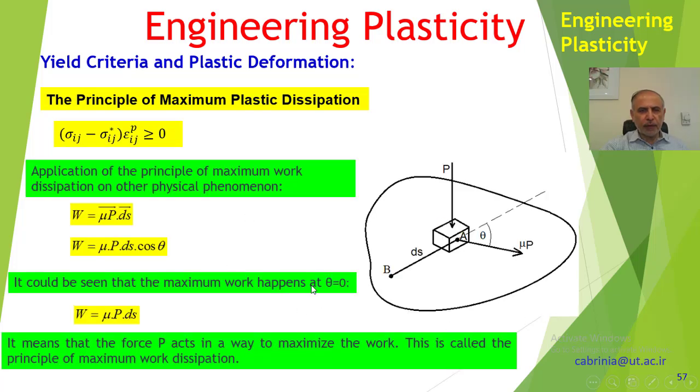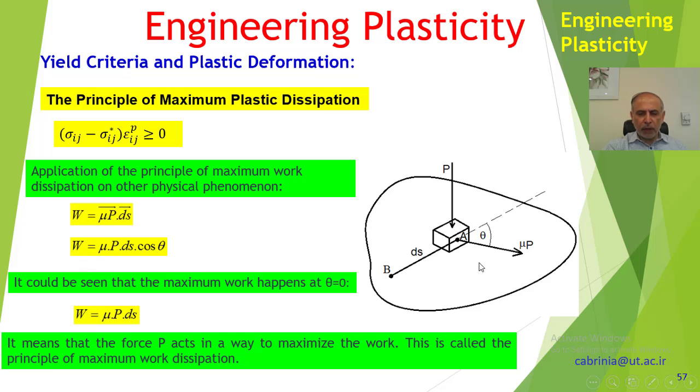To illustrate this idea further, note that this theta here, as in this expression, mu p ds cos theta, can have different values, right? So supposing it has a 30-degree value, then this w will be less than it would be as theta is 0. When theta is 0, cos theta is maximum, is 1, and w is maximum.